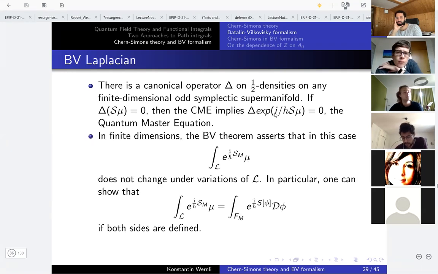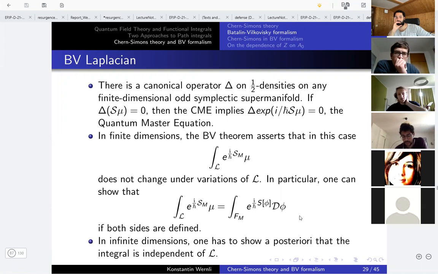That's the quantum master equation. And if I have this quantum master equation, there is a theorem that the integral actually doesn't depend on the Lagrangian. Very nice. And the integral is in fact equal to the original integral I was trying to compute. Here I should be careful with mu and d phi and everything.